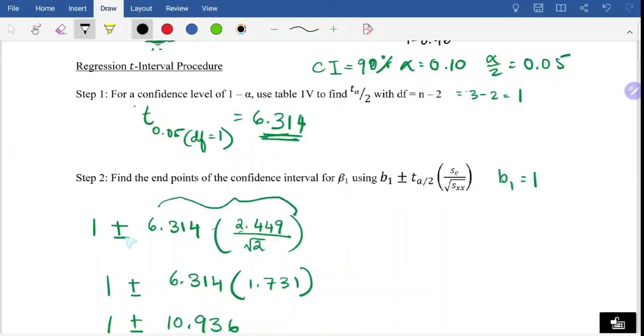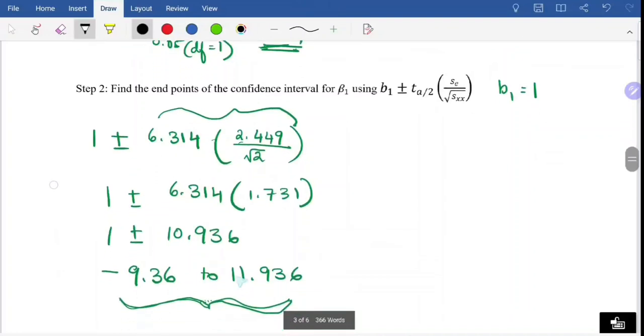So 1 plus minus 6.314, our t of alpha by 2 we found here, times s sub b, which was 2.449, and then square root over 2, because s sub xx is 2, and when we do the calculation, we come up with an interval stretching from negative 9.36 to 11.936, and this interval contains a 0.